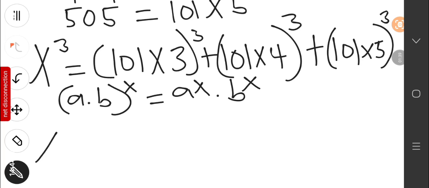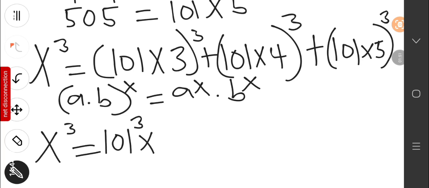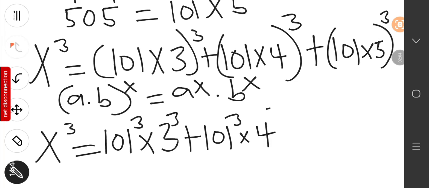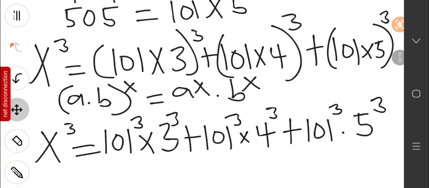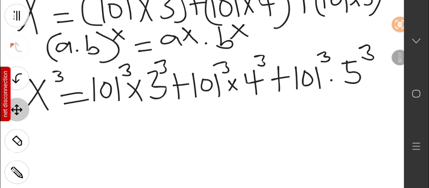So you're going to have s exponent 3 or s cubed equals 101 exponent 3 times 3 exponent 3 plus 101 exponent 3 times 4 exponent 3 plus 101 exponent 3 times 5 exponent 3. So this is what we have.